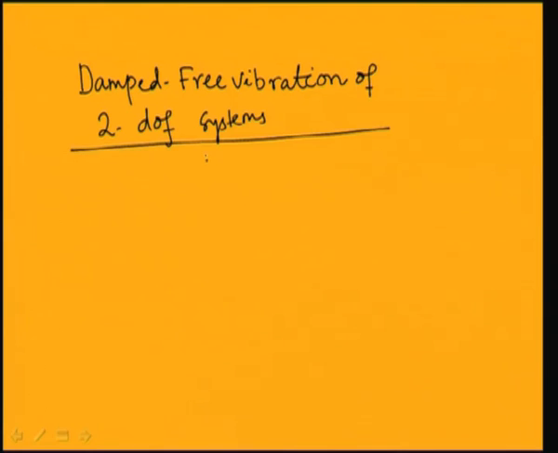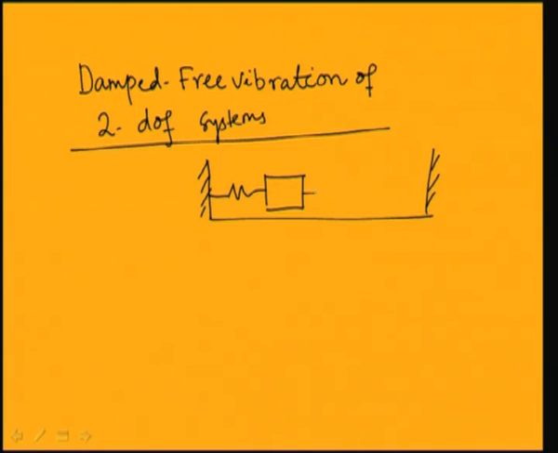To start with damped free vibration of a 2 degree of freedom system, let us see the example we have taken in the last class. I am drawing a spring mass damper system with 3 springs and 2 masses.